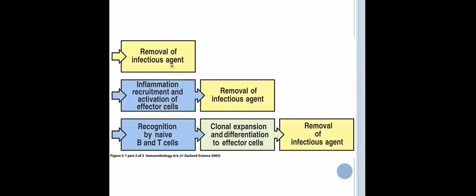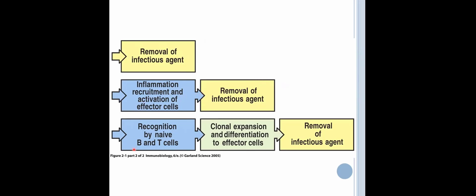And then if that fails, the initial response is going to be driven by inflammation, recruitment, and activation of effector cells that are somewhat nonspecific, and again with the goal of just removing the infectious agent before it can move into an exponential replication cycle, and before there's significant damage to the host, and before there's significant energy expenditure in a highly specific immune response.